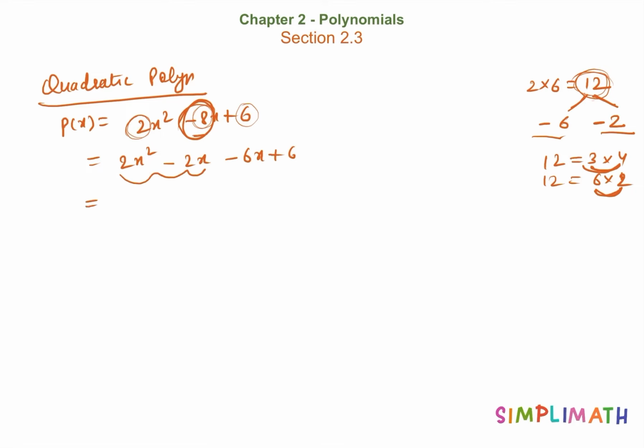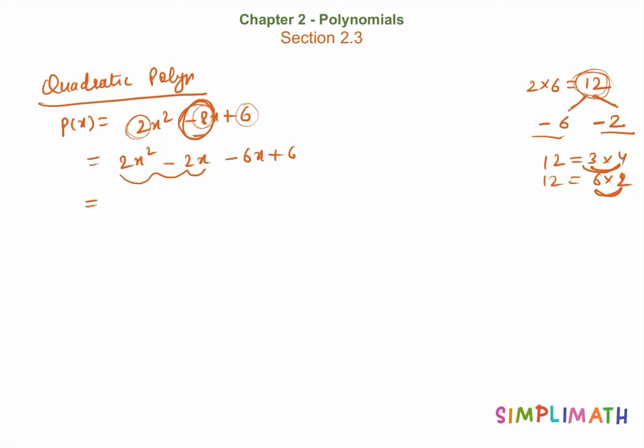Now let us combine these terms. If this is one term and this is one term, what is common among these two terms? x minus 1 is common, and what are we left with? 2x minus 6. I can write this as, if we take out 2 common, 2 times x minus 3.